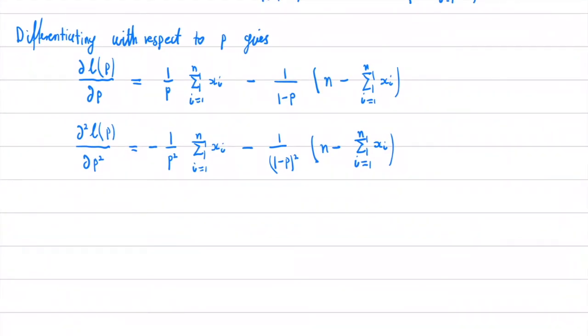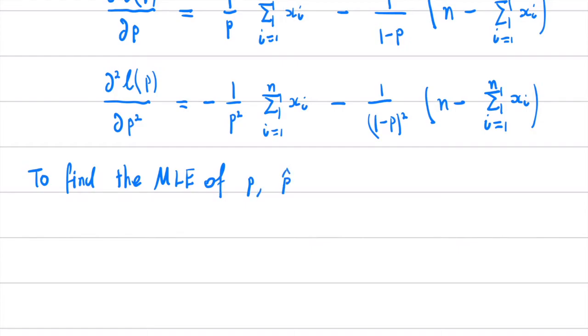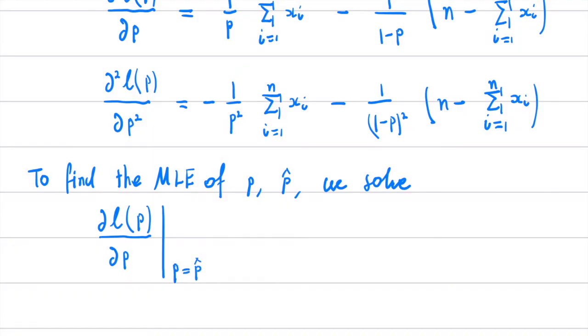Now we've got to find the MLE, or the maximum likelihood estimate, of p, which we'll give the symbol p hat. We solve the fact that dl of p over dp at the maximum likelihood estimate is equal to 0.